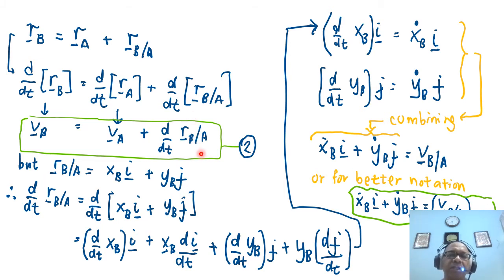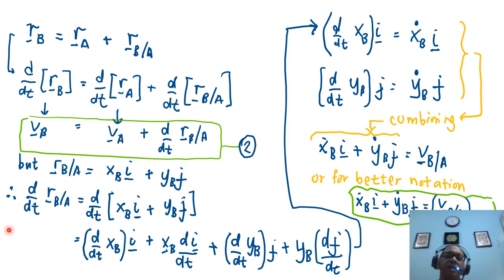Position vector B relative to A is given by xb i plus yb j. And remember, i and j are rotating vectors. Why can't we do it directly? Because i and j are rotating vectors, and they have special characteristics.